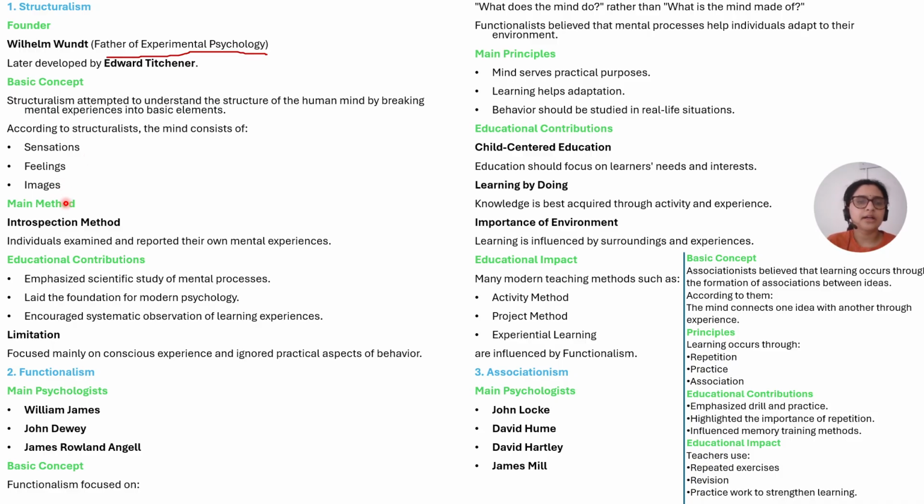The main method followed by structuralists is the introspection method. We already know introspection is observing one's own thoughts, or thinking inwards. Here individuals examined and reported their own mental experiences.